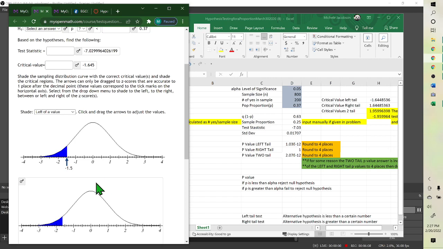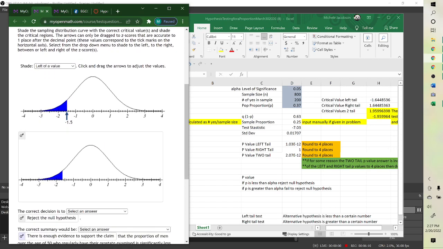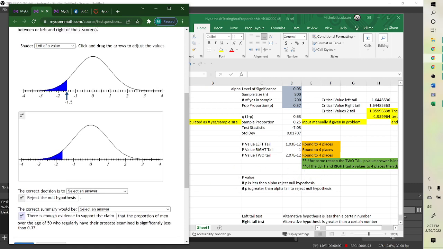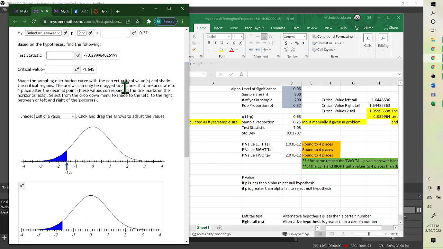I guess you leave it there. It chooses it for you. And so we want it here. And so then we reject the null hypothesis by comparing your critical value.